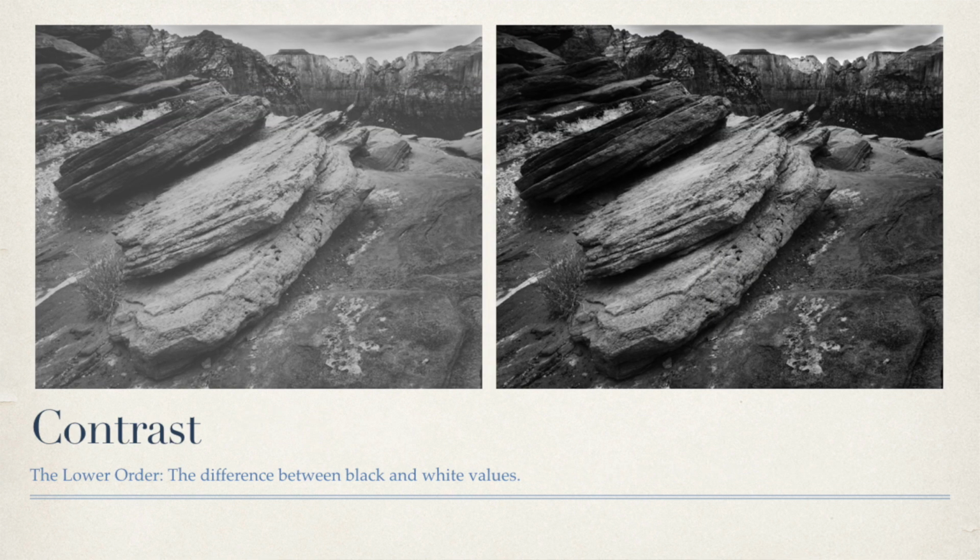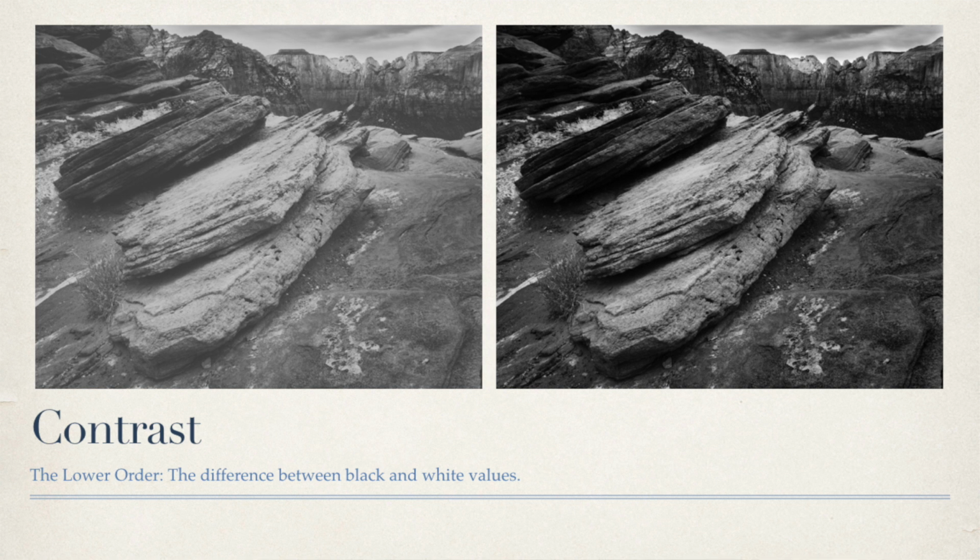Traditionally speaking, contrast is the difference between lights and darks. If your lights in your photograph are light gray, and your darks are dark gray, sort of like in the image that you see here on the left, then you have a fairly low contrast image.